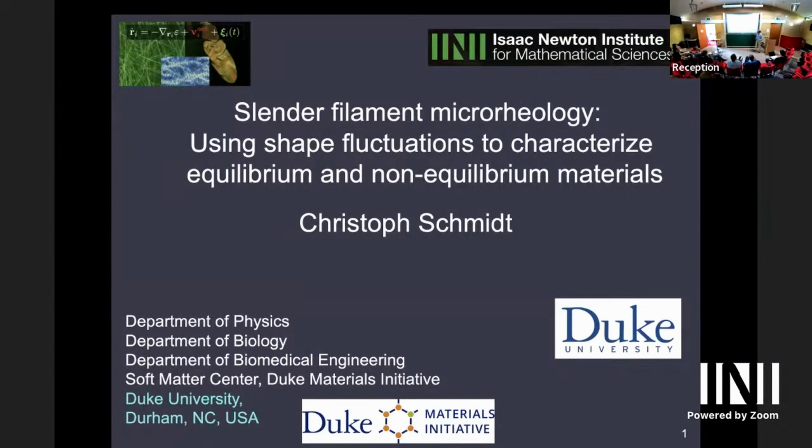But the last wrinkle that I want to then focus on is a particular new development that we've been playing with, namely using not just beads, which are usually the probe that you put into cells or into a system to do microrheology, but we actually look at filament fluctuations. And I'll tell you why that is interesting and what the advantages are. And of course, in the spirit of this conference, I'll show you mostly non-equilibrium results or results in active materials.